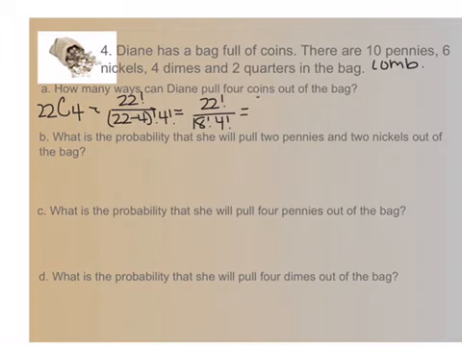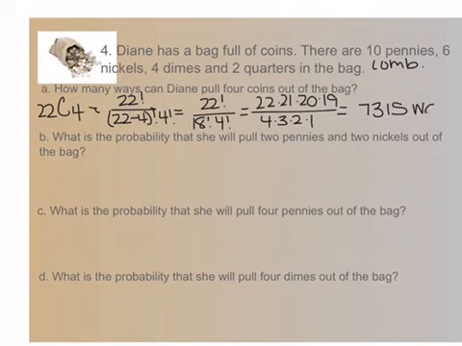I'm going to end up with 22 times 21 times 20 times 19, and I'm going to stop because the 18 will cancel with the 18 factorial on the bottom. I'll still have the 4, 3, 2, 1 though. So when I do this, I end up getting 7,315 different ways for me to pick 4 out of 22.